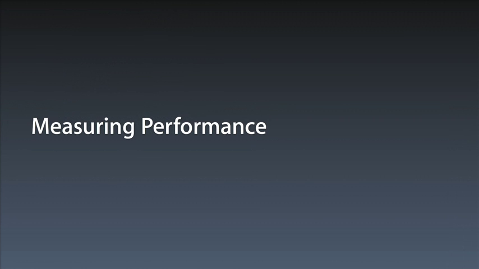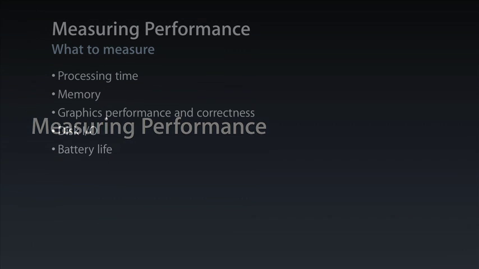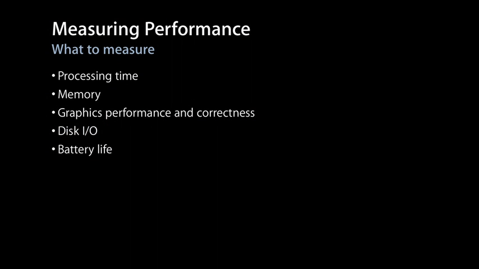So let's talk a bit about measuring performance. So first of all, what should you measure? Well, the answer really is everything. You need to be paying attention to processing time, to memory usage, to graphics performance and correctness, to disk I/O, to battery life, all of it.